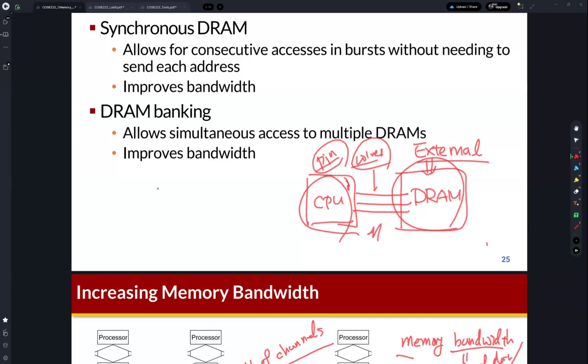So that's why the external memory bandwidth is a very precious resource. It means we cannot increase the memory bandwidth infinitely. Okay, so it's very precious, and the cost is very high.